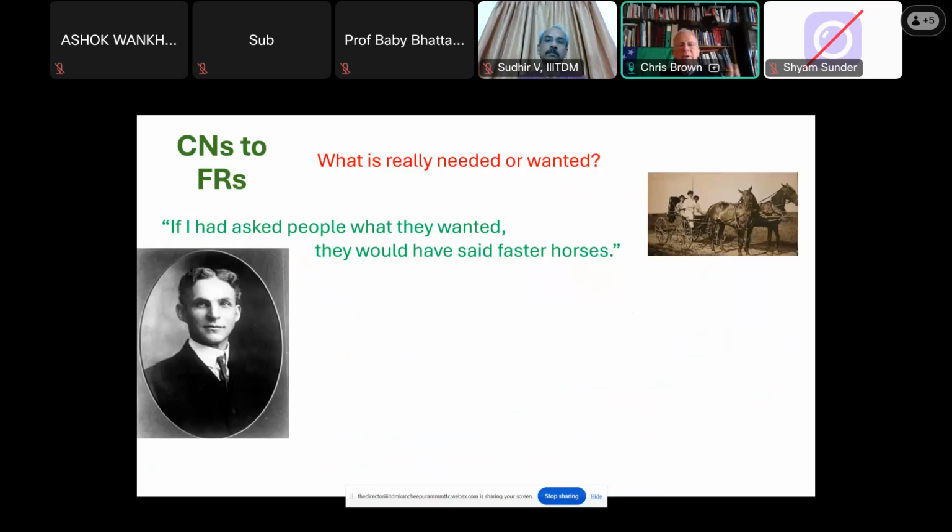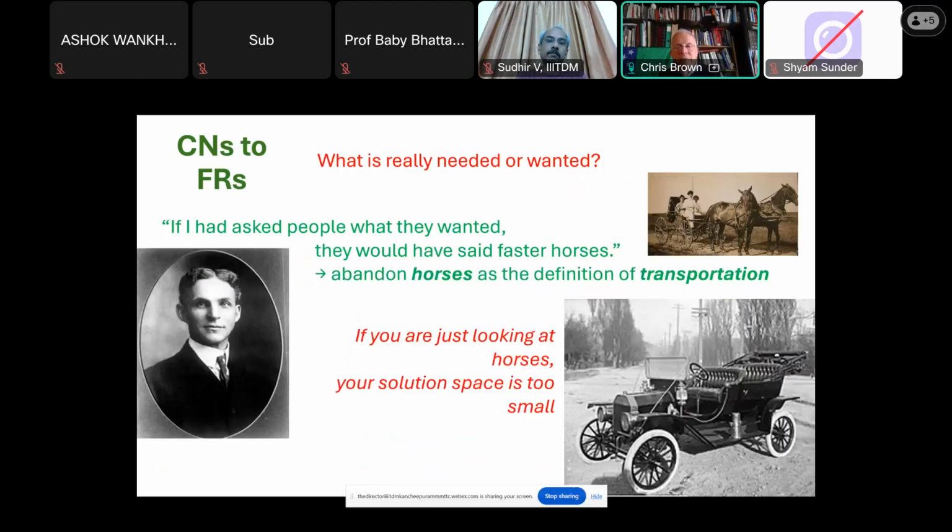Of course, if he had decided to just listen to the voice of the customer, he would be an unknown horse breeder from Michigan. So we need to abandon horses as the definition of transportation, which is difficult if all you've seen is horses. And if you're just looking at horses, your solution space is too small.